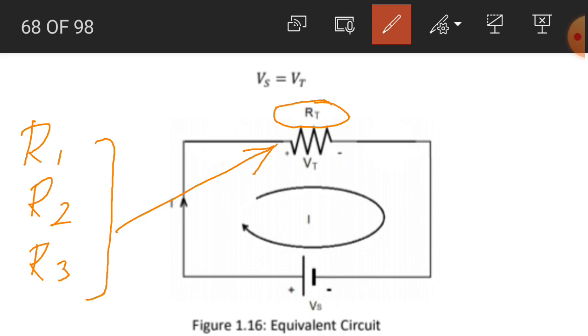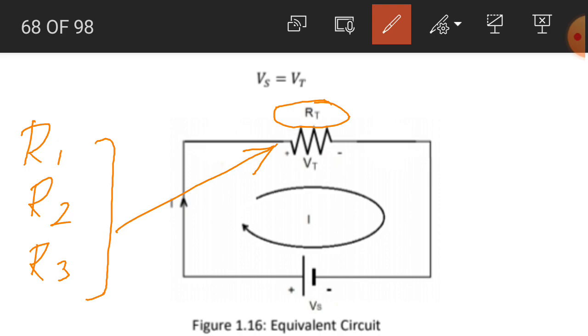We assume that the resistance of the single resistor is equal to the total resistance of the series circuit. And there are 3 resistors in the series circuit, R1, R2 and R3.